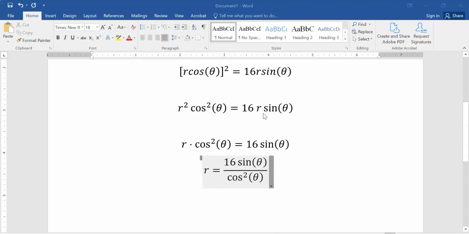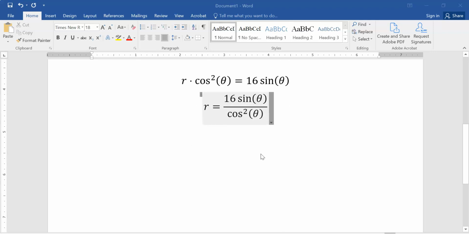I would divide both sides by r. Notice that's going to cancel one of the r's on the left, and that's going to get rid of the r on the right. So you're going to end up with r to the first times cosine squared theta equals 16 sine theta. And then you can simply divide both sides by cosine squared of theta.